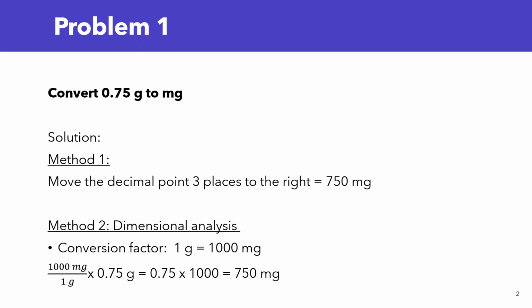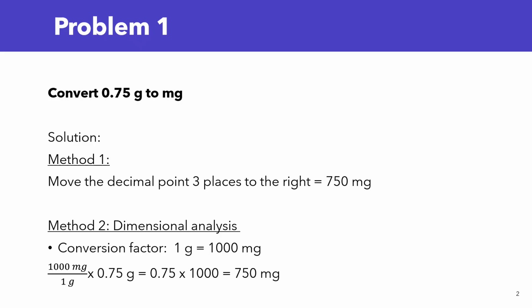So when you're converting from gram to milligram, you can either multiply by 1,000, or that's the same thing as moving the decimal point 3 places to the right. So 0.75 times 1,000 is 750 milligrams. That's, I would say, the easiest and shortest way to do this.